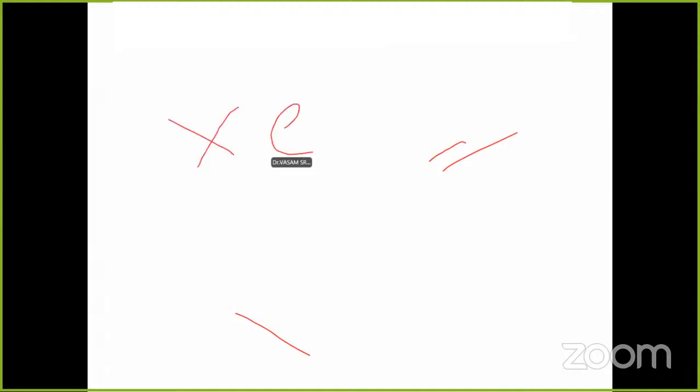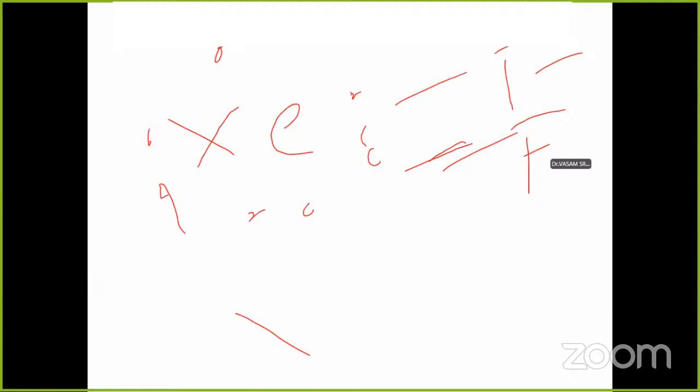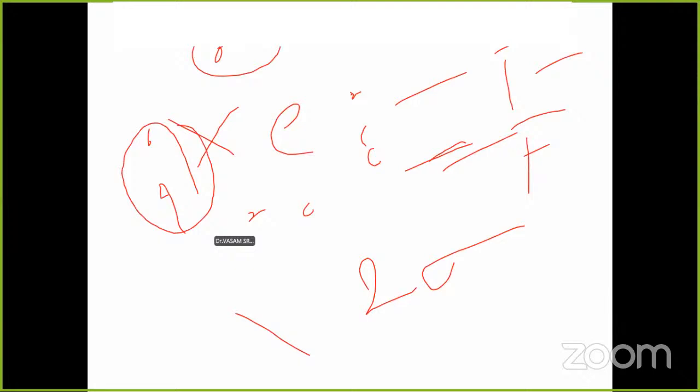This is a xenon. Around xenon, there are 8 valence electrons. And 2 fluorines are participated with this xenon. So 2 sigma bonds are present here. So around xenon, 2 sigma bonds, and the lone pairs: 1 lone pair, 2 lone pairs, 3 lone pairs are present here.